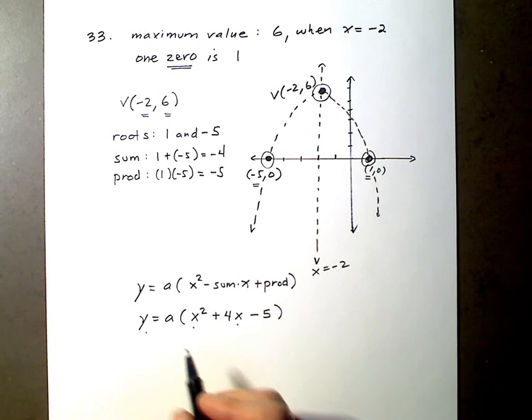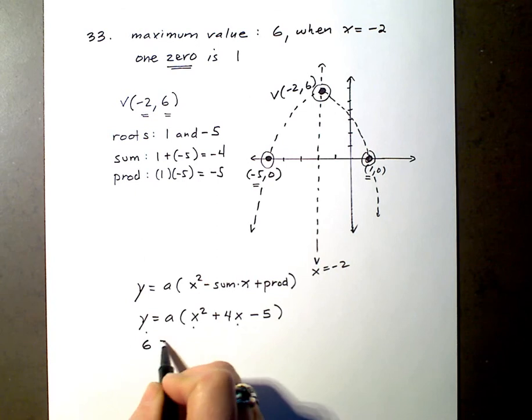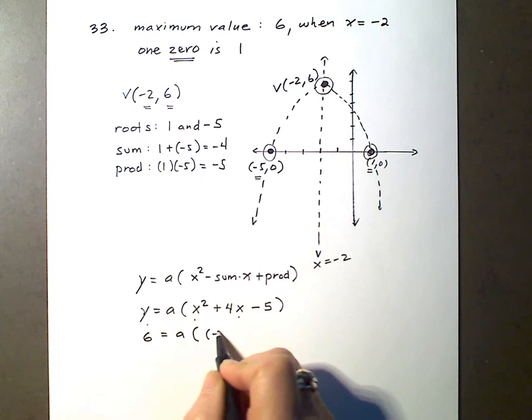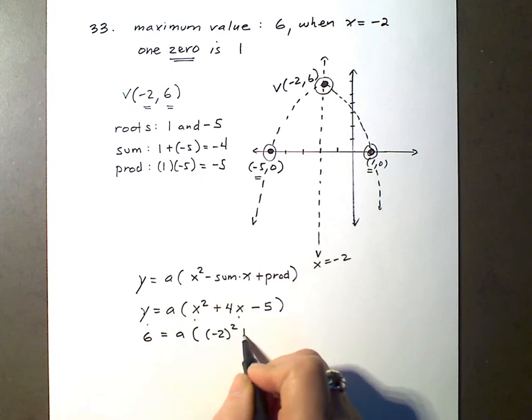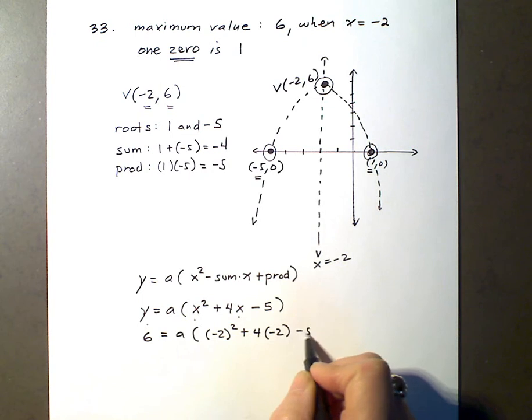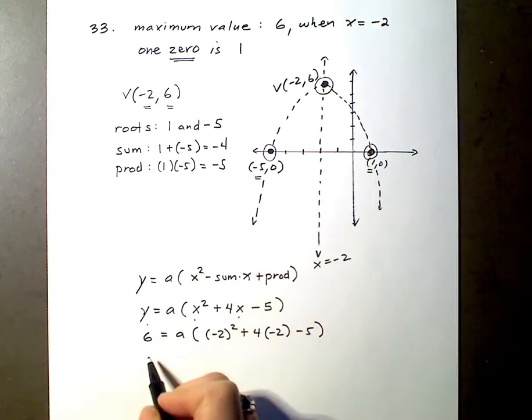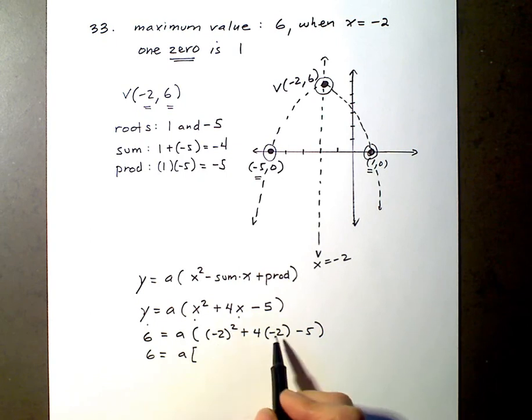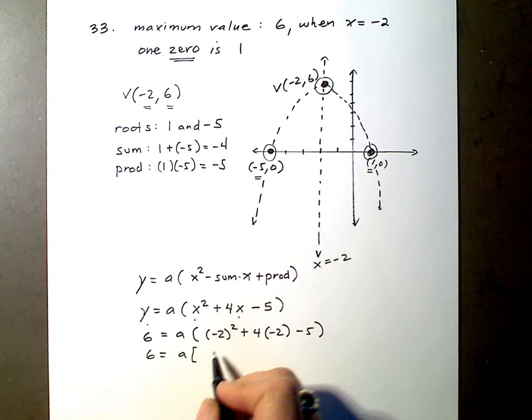So the y value of 6 is equal to a times negative 2 squared, plus 4 times negative 2, minus 5. Simplifying, 4 minus 8 is negative 4, minus 5 is negative 9.